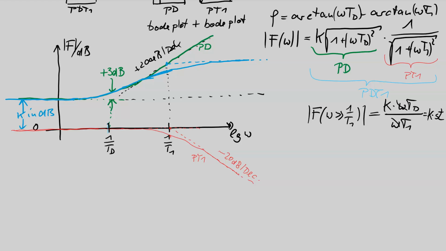And we have as a result, this is K times step depth. So if this is K, again in dB, and this is K times step depth in dB, we know in logarithmic diagram this piece is the step depth in dB. And that is the reason why we call this parameter step depth.